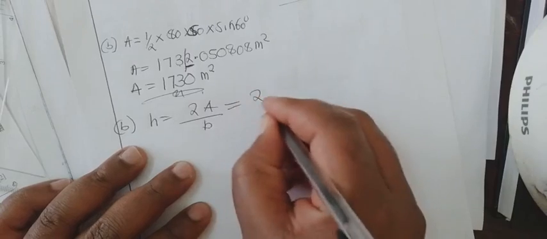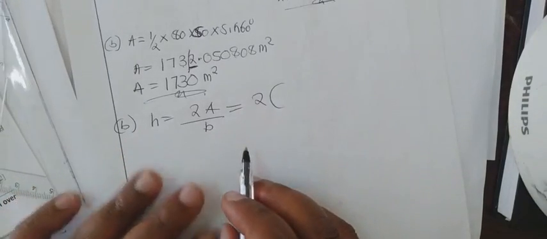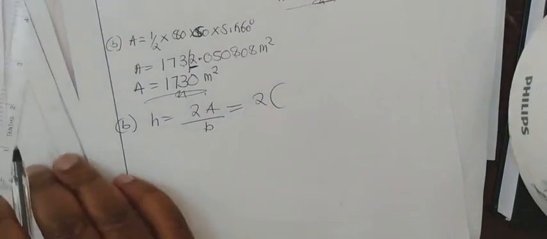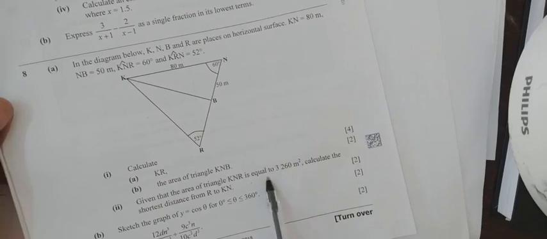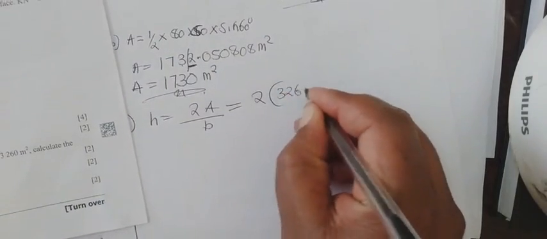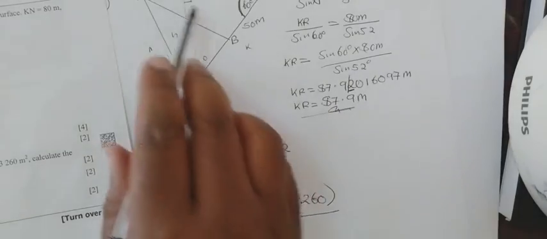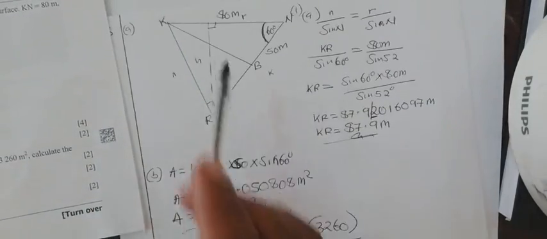This is equal to 2 times what is our A? What is our area? Our area has been given here to be 3,260 square meters. So 3,260 divided by, what is our b? Our b is our base here, which is 80.